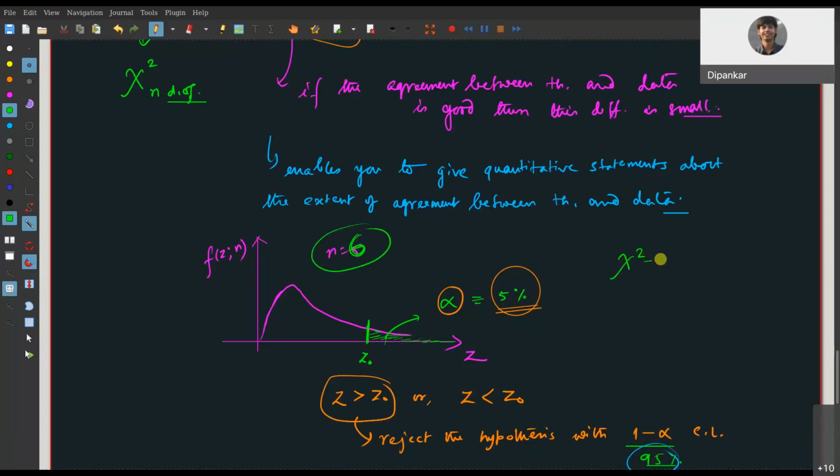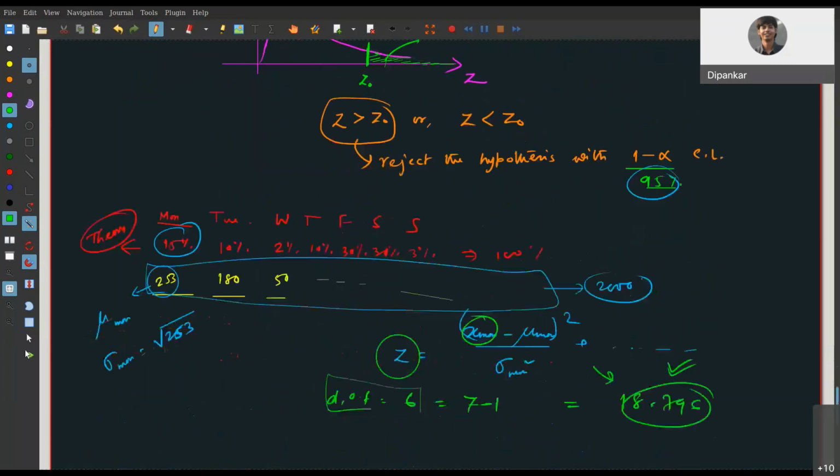You search on Google for chi-square table, and it lists these z0 values for 5%, 1%, 10%. So you don't have to calculate. You can use this table to conclude whether to reject or not reject the previous owner's hypothesis.